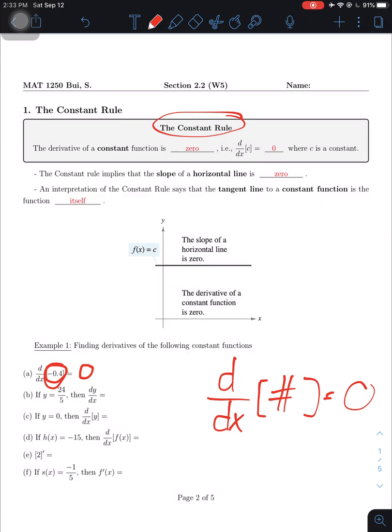And what does it mean, right? The constant rule implies that the slope of a horizontal line equals 0. Just imagine you have a horizontal line here. What is the slope of it?